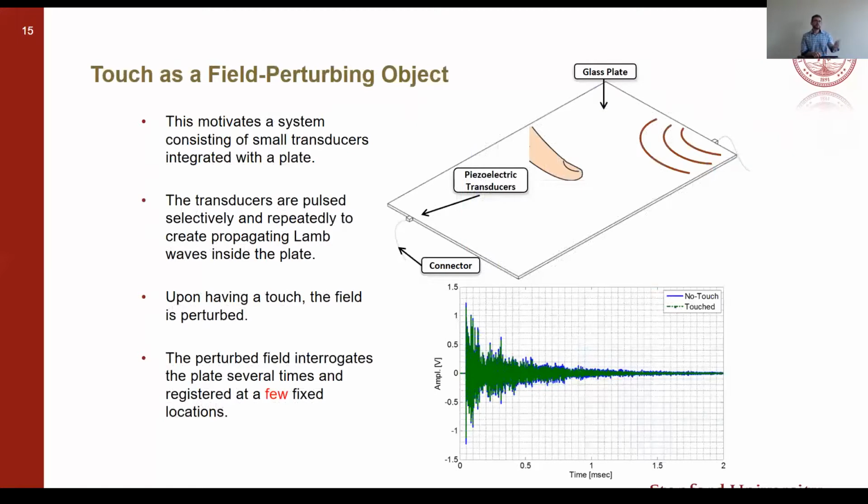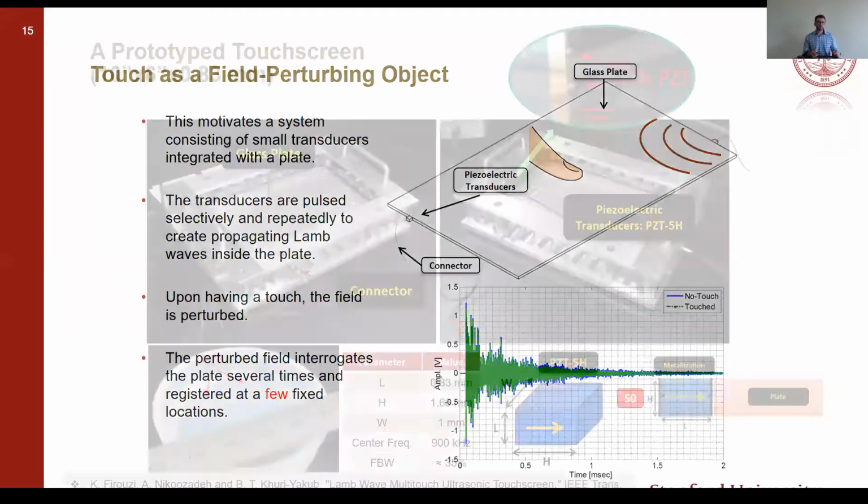So, simply speaking and in summary, this is what we do. We have a screen integrated with a limited number of small transducers. We transmit with one of them, receive with another, and look at how the touch affects the signal. Because of the reverberation, that single measurement is enough to say where the touch is.